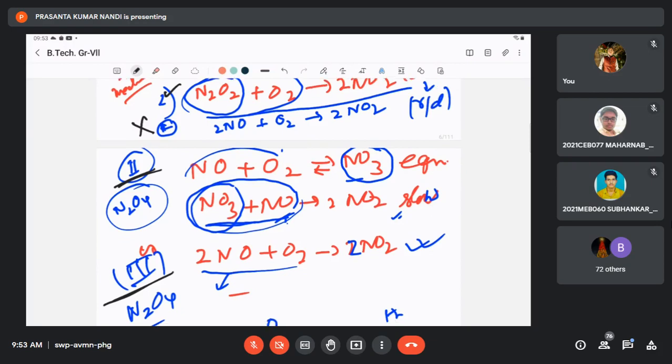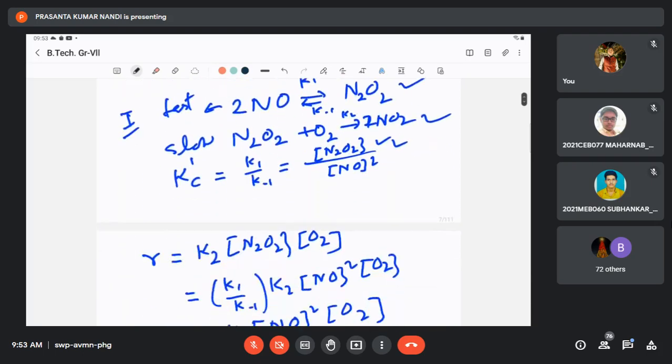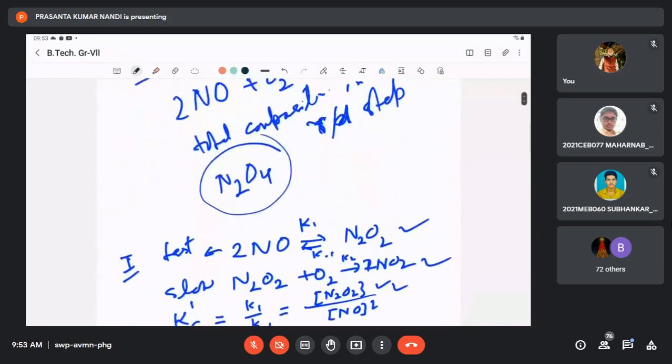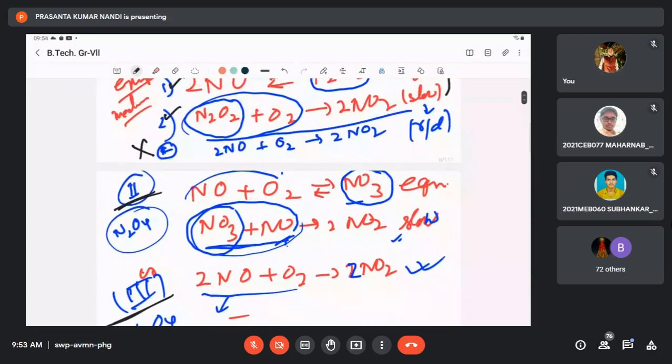Rate determining step approximation we have not discussed yet, but we can discuss it in a simple manner. Which is the most appropriate? That is very difficult to say. All three are equally poor. That's why it is proposed like this.